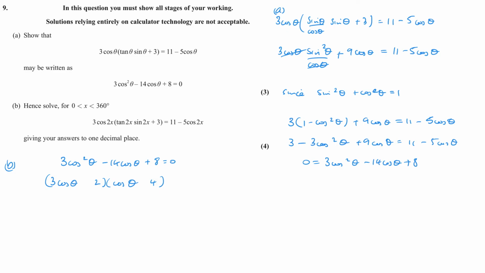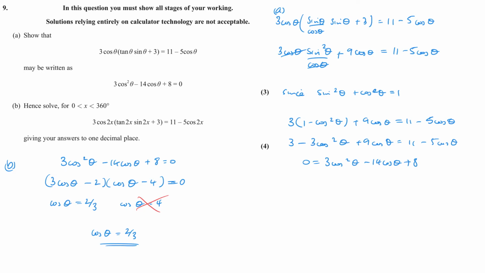Let's check. 12. So both minus. So that means that cos theta equals 2/3 and cos theta equals 4. So this one, the cos theta equals 4 can't happen. So we're just looking at cos theta equals 2/3.